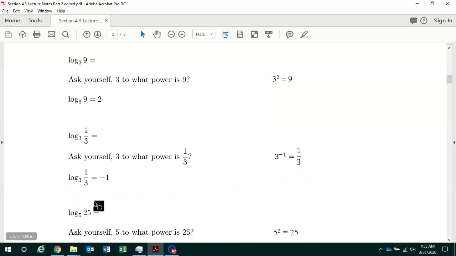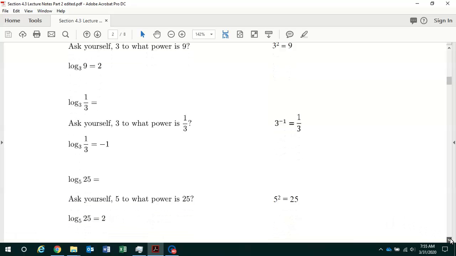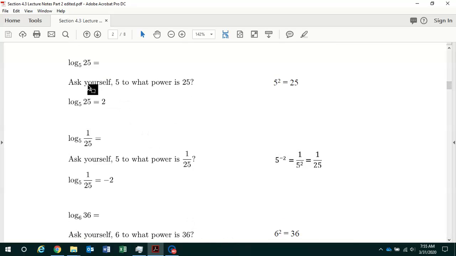So log base 3 of 1/3 has to equal -1, right? 3 to the -1 power is equal to 1/3. What's log base 5 of 25 equal to? Well, we know 5 squared is equal to 25, so log base 5 of 25 is equal to 2, right? 5 squared is equal to 25.